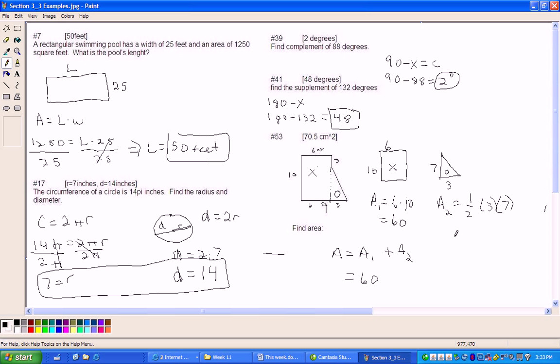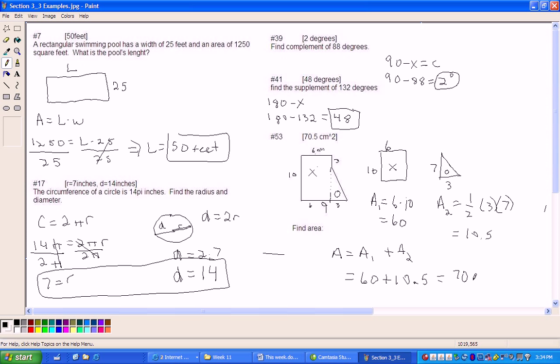Half of 21 is going to be 10.5. So area 2 is 10.5. And if we add these up, 60 plus 10.5 is just equal to 70.5. And we know the area comes in squares, centimeters squared.